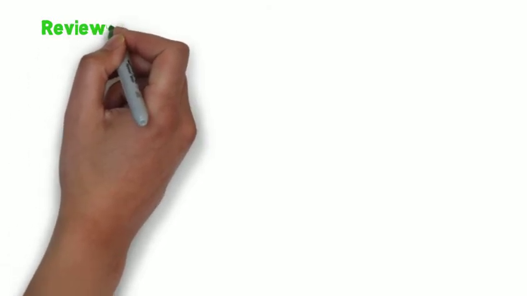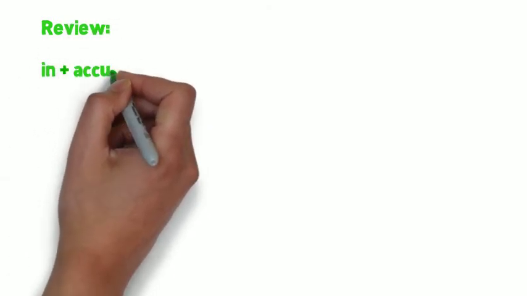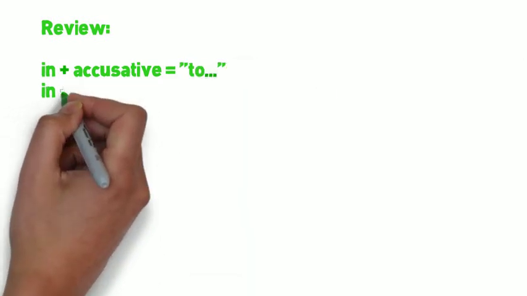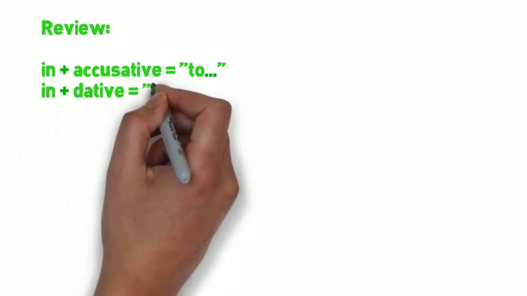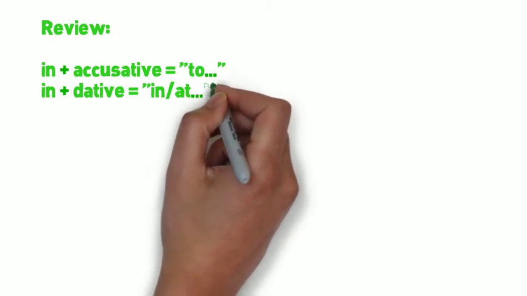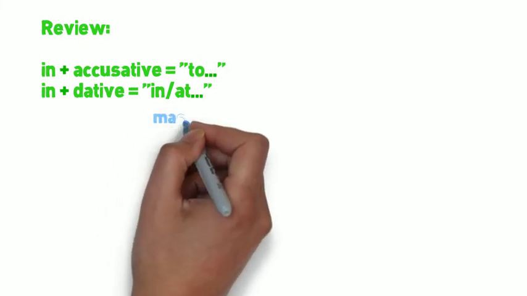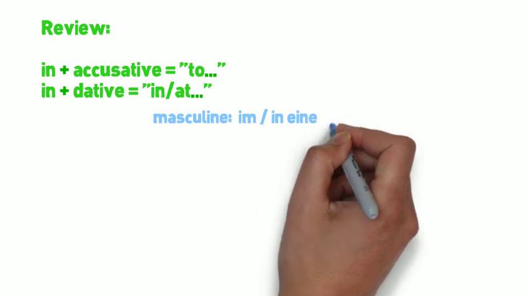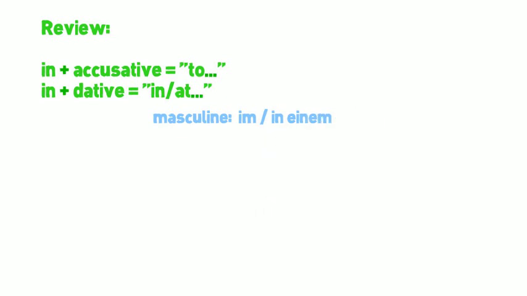Okay, time to review. Use the accusative case after in if you mean to, but use the dative case after in if you mean in or at. With masculine nouns, your dative case options are im for in or at the, and in einem for in or at a.